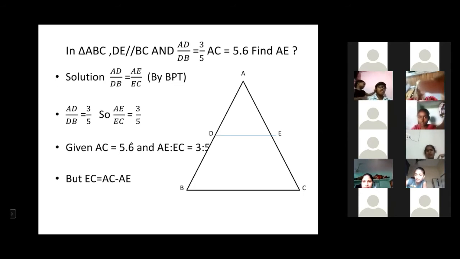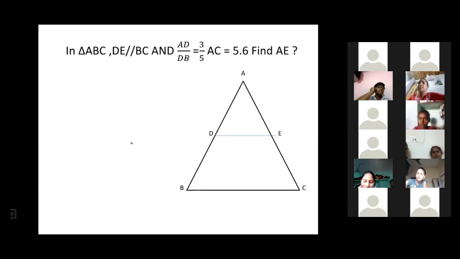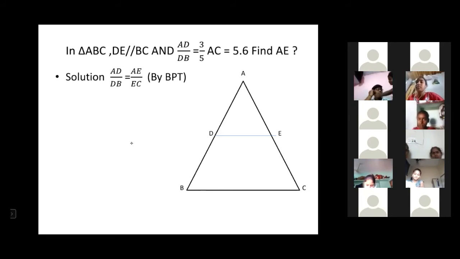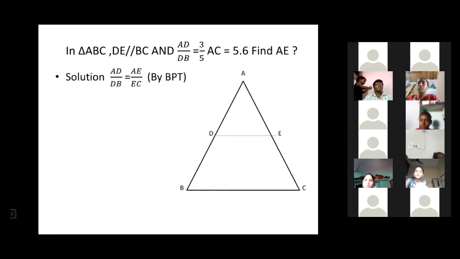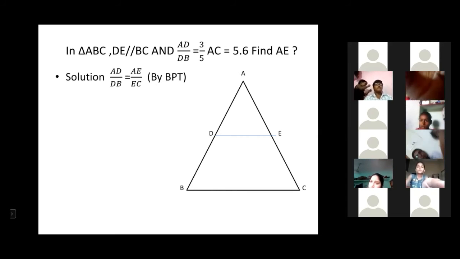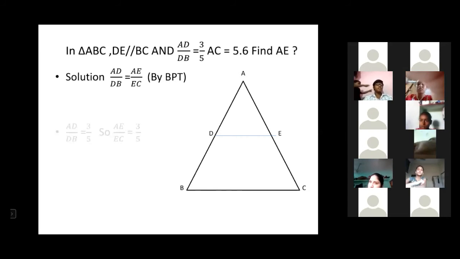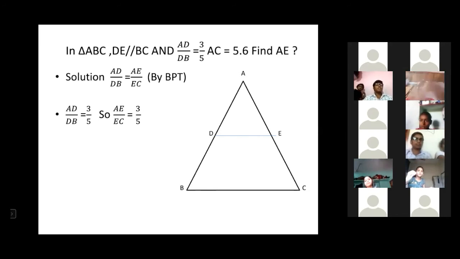See, once again the same problem. This is the question. This is the basic proportionality theorem: any line parallel to one side of a triangle divides the other two sides in the same ratio. That is, AD by DB is equal to AE by EC. So according to this, we did this problem.